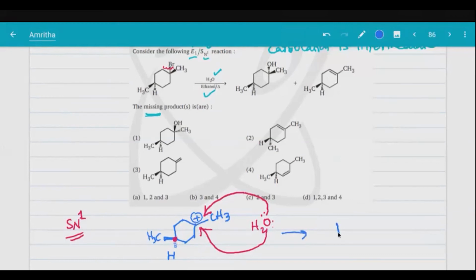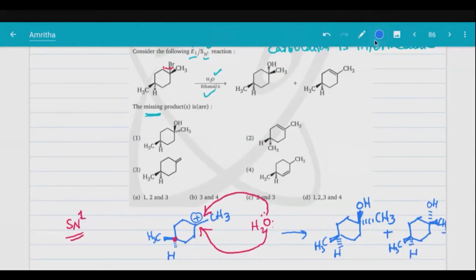I'll write both, both are possible. OH here, CH3, and this is H, because the carbocation is planar. And this is down OH, up CH3, and there is CH3 and there is H.